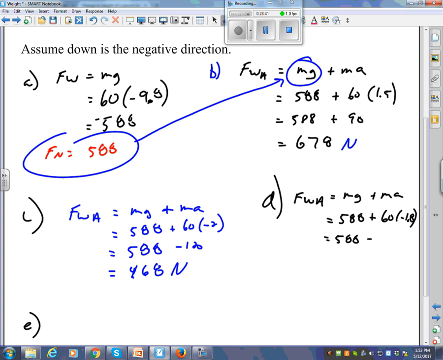How much? 108? So I'm subtracting 108? Oh, is that right? 588 minus 108 is going to be 400, is it not? It's 480. Yeah, it's 480. Right.